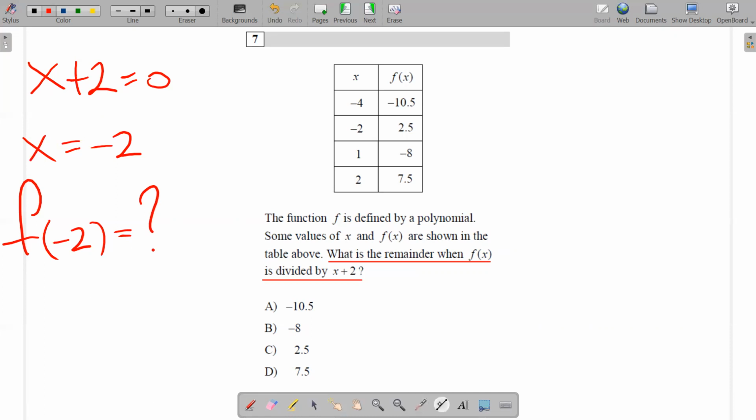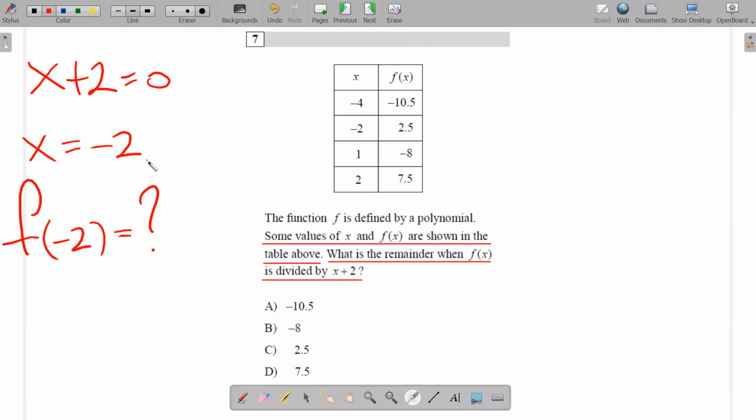Following what the question says, some values of x and f of x are shown in the table above, which means that some of the coordinates of the graph of this potential function are given right there. And here we see that when x is equal to -2, f of x is equal to 2.5.